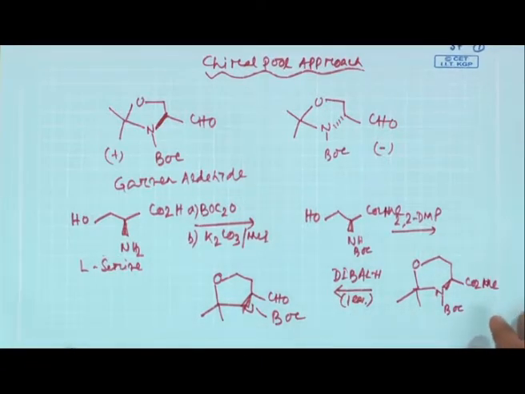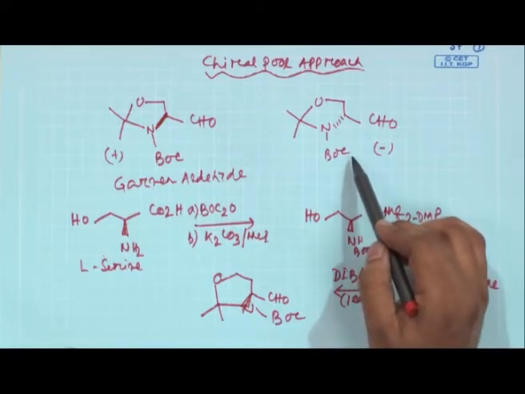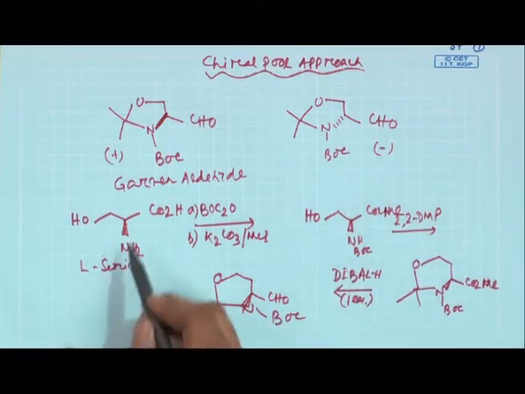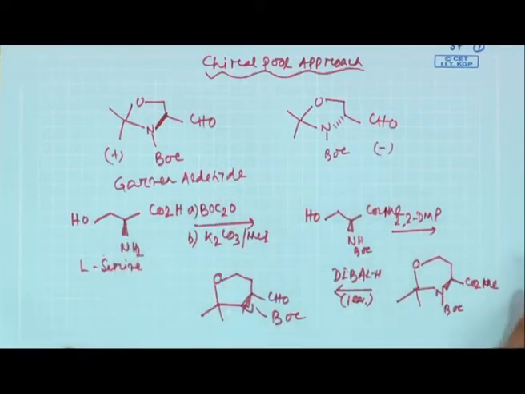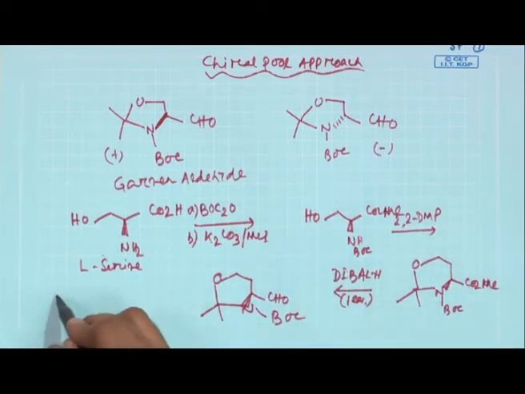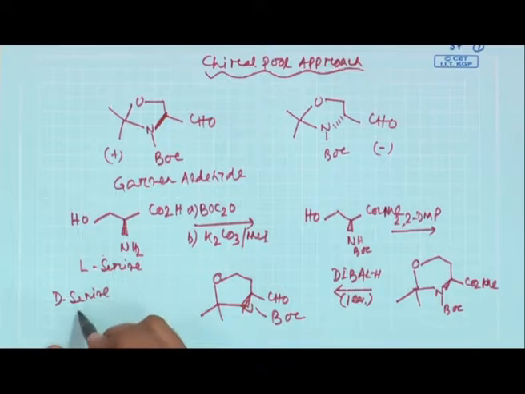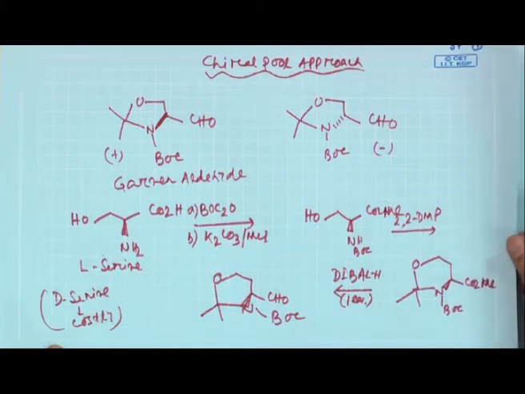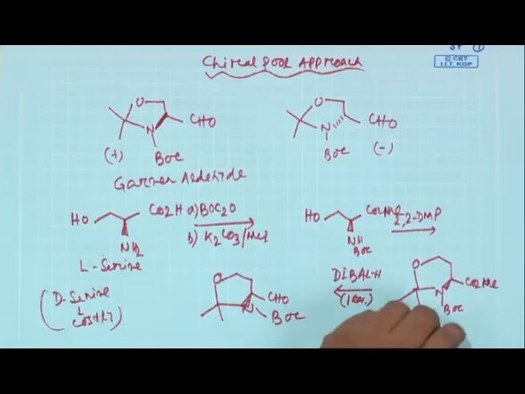Now, my next question is, for synthesizing the other enantiomer, in principle you need D-serine where the stereocenter has been inverted, but D-serine is extremely costly. So, can you use a similar kind of L-amino acid, because L-amino acids are very cheap in nature?